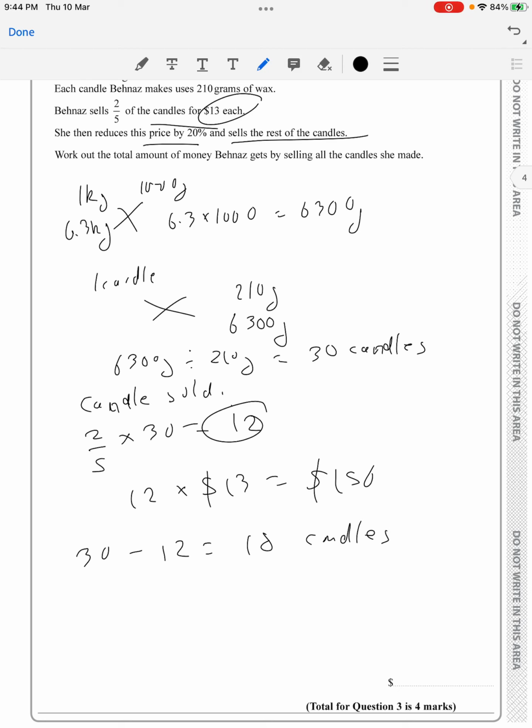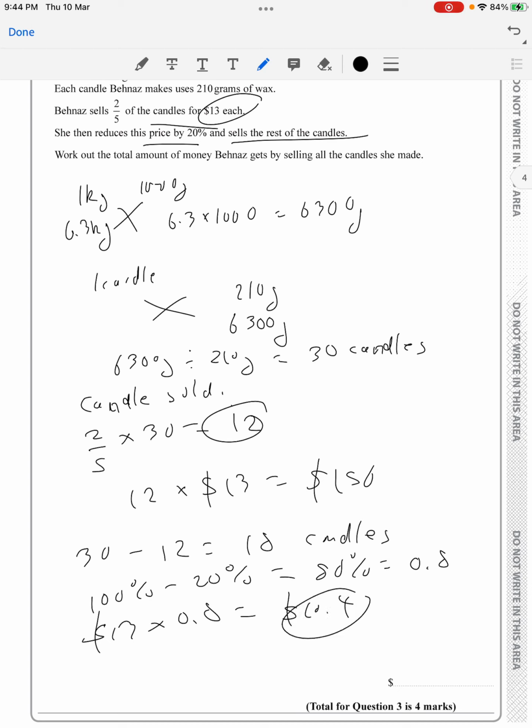A reduction of 20% would mean approximately 80%, which gives you 0.8. You multiply $13 by 0.8, which is considered the multiplier, and we get about $10.4. So the remaining candles are sold at $10.4 each. You multiply the remaining 18 candles by $10.4, which should give you about $187.2.